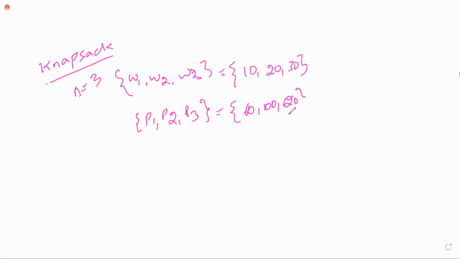And the bag weight is 50. In the knapsack problem, you have to fill the weights in your bag, whereas you have to increase the profit. This is the thing we are considering.